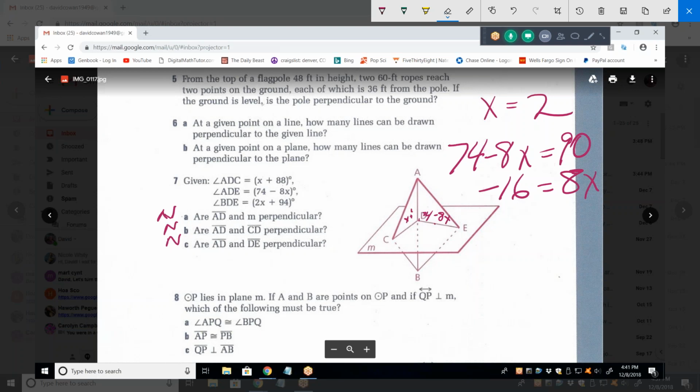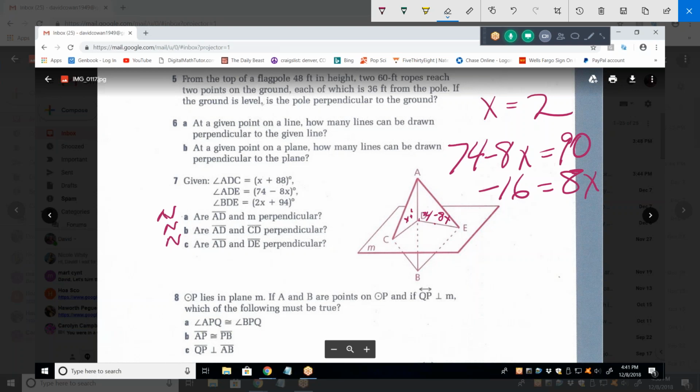Well, it's clear that AD is not perpendicular to that. So I know it's a no on A. I know it's a no on B because AD and CD, that would mean that X would have to be 2. Well, actually, X could be 2, but we don't know if X is 2.